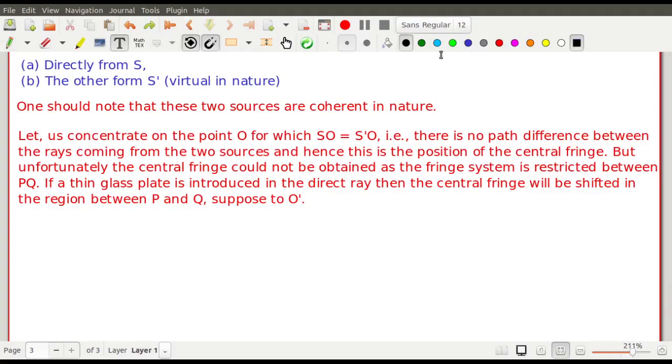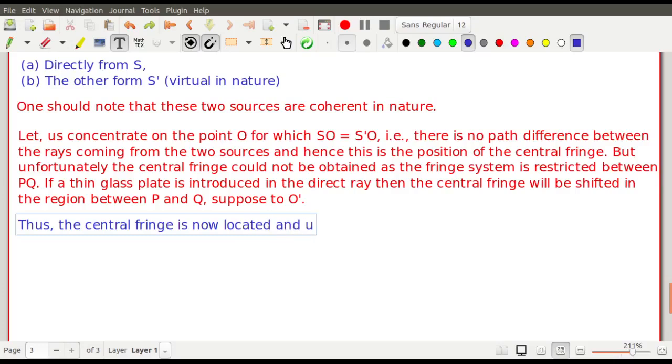So I am starting again once more. So write: under these circumstances we can view the central fringe. So the central fringe is visible, then the central fringe will be shifted. Thus the central fringe is now located, and unexpectedly it is found to be dark in nature.